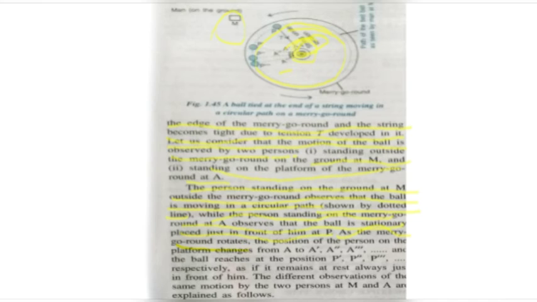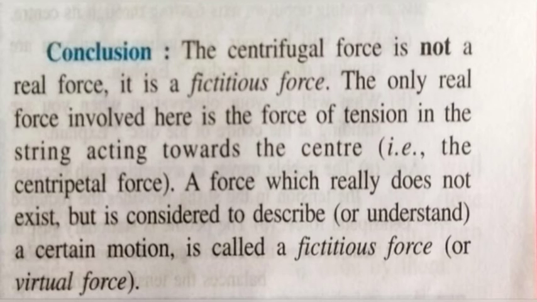As the merry-go-round rotates, the position of the person on the platform changes from A to A', A'', A''' and so on, and the ball reaches the positions P', P'', P''' and so on, respectively, as it remains at rest always just in front of him. The different observations of the same motion by the two persons at M and A are explained as follows. One person is seeing that the ball is in motion and the other is seeing that the ball is at rest, which means it is stationary.